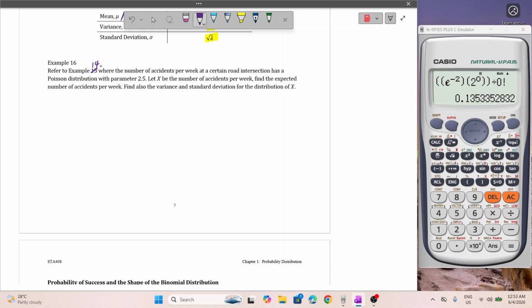Let X be the number of accidents per week. Find the expected number of accidents per week. Find also the variance and standard deviation.